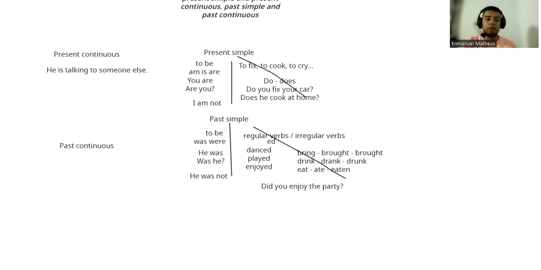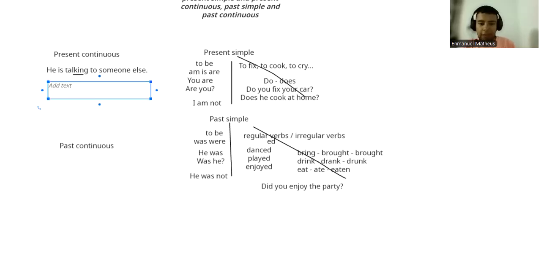We use ing. If we want to ask, we have the same structure as the present simple, like, is he talking to someone else? For negative answers, we use not. Example, no, he is not, and so on. We can say, no, he is not talking to someone else, or just no, he is not.